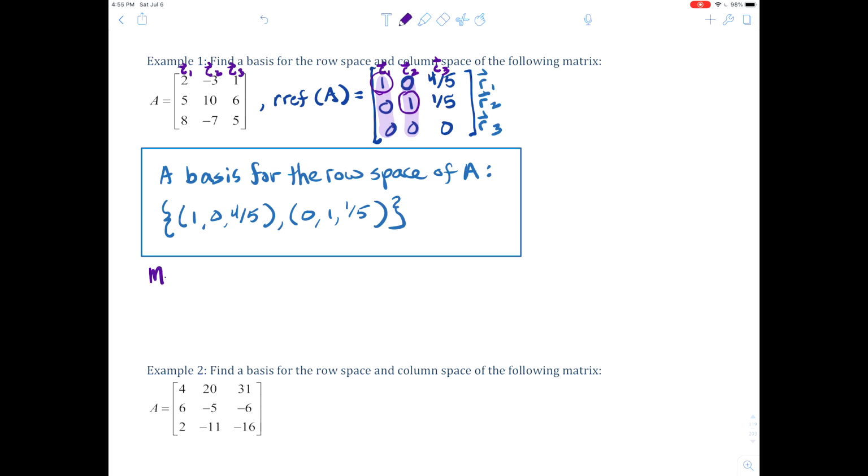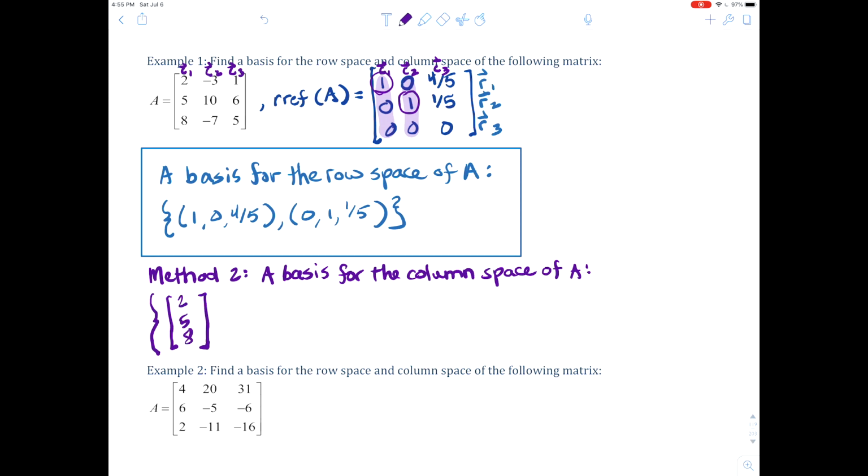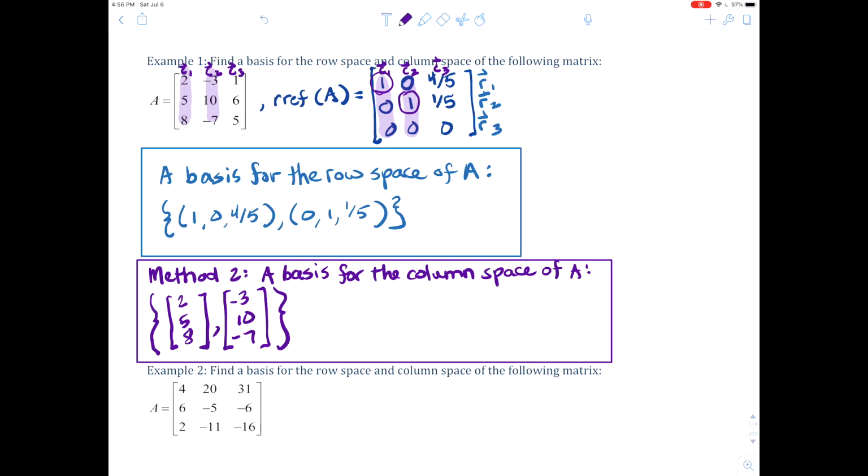So using method 2, a basis for the column space of A would be the set that contains the 3 by 1 matrices (2, 5, 8) and (negative 3, 10, negative 7), and that came from the original matrix A. Cool? All right, so that is one way of doing it.